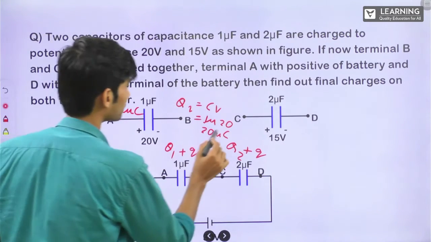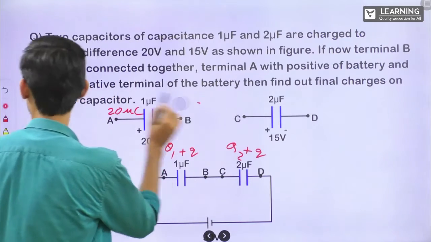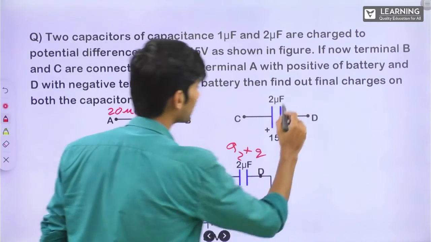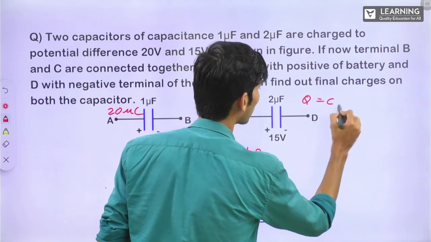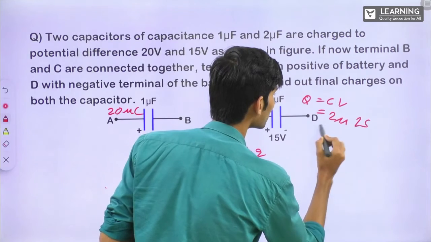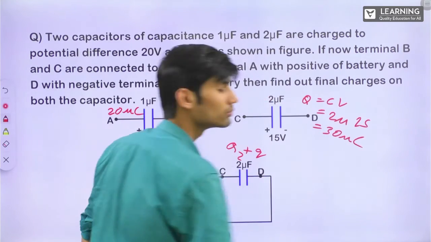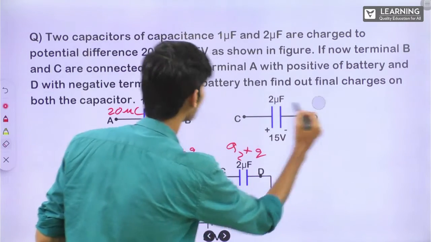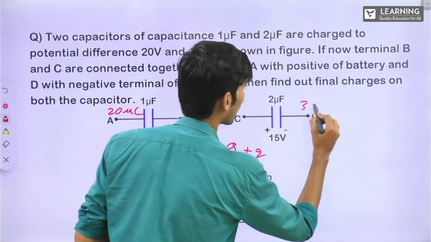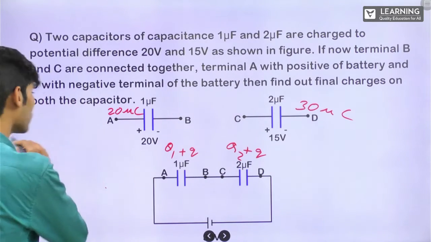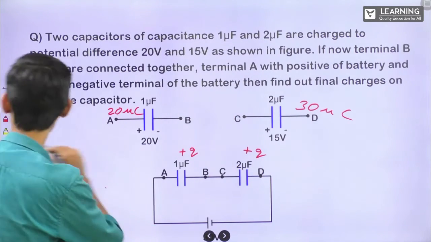In the same way, I can find here also Q is equal to CV, that is equal to 2 microfarad into 15, that is equal to 30 microcoulomb. Correct? So this Q2 will be 30 microcoulomb. Now understand. Here this Q1 will be 20, this Q2 will be 30.